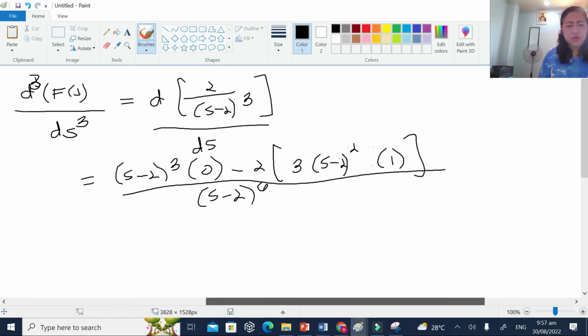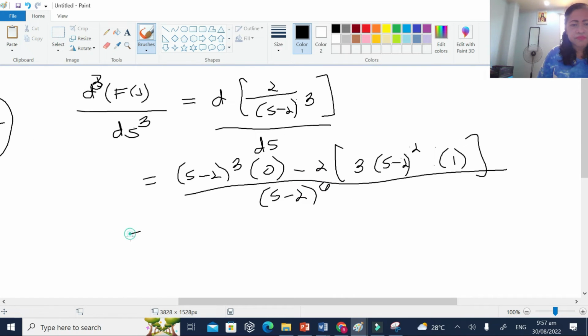So this will be 0. So we cancel the 2, that will become 4. So that will become negative 6 over s minus 2 raised to the 4.